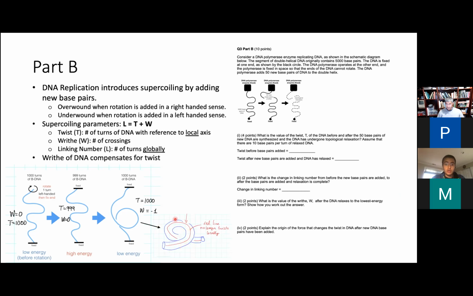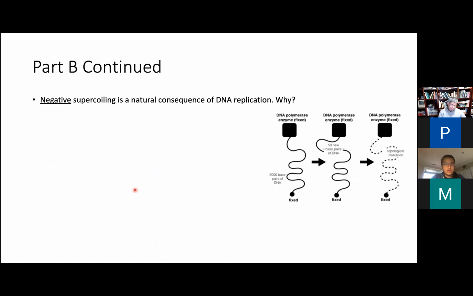It no longer twists, but to keep L the same, W becomes -1. So overall, L remains the same. And so negative supercoiling is a natural consequence of DNA replication.